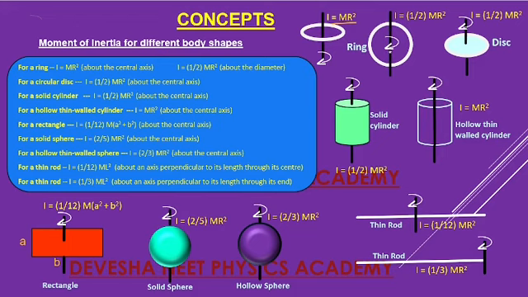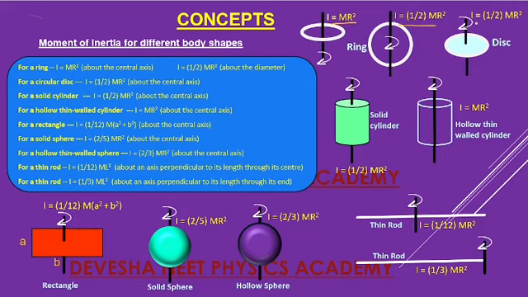In the same ring, lying flat, if the axis is on the diameter of the ring, then I becomes half mr square. So you can see that I depends on the axis of rotation.